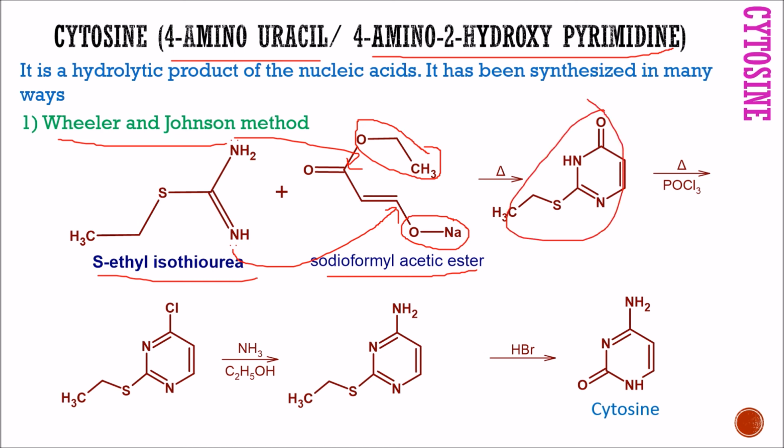Next step is heating in presence of POCl3 replaces this OH group by Cl groups. Another step is the reaction with ammonia in presence of ethanol replaces chloride ion with NH2. In presence of HBr, this will be replaced by one hydroxyl group and forms a structure of cytosine.